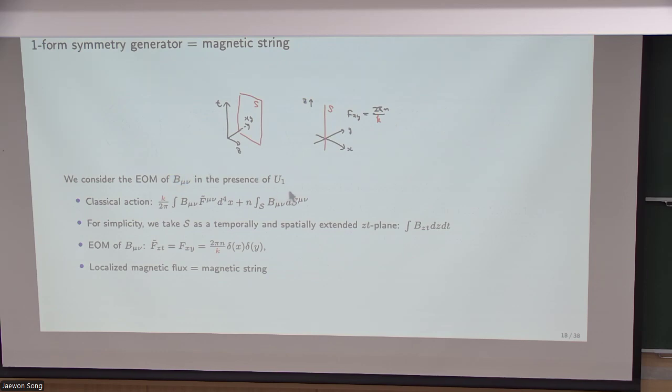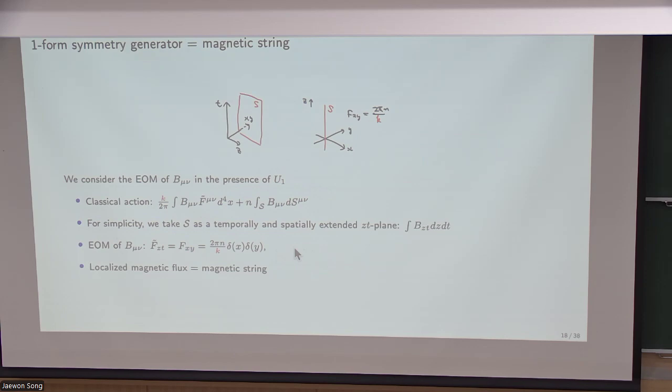The insertion of the one-form symmetry generator corresponds to the insertion of this surface integral in the classical action. And in the presence of this term, we can write down the equation of motion for B_μν.